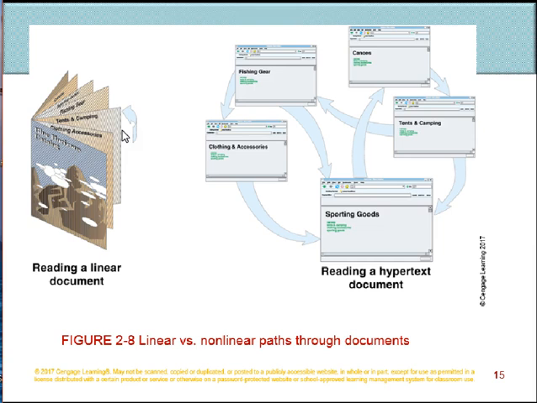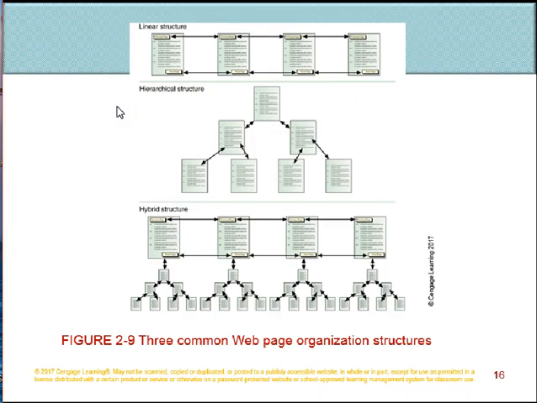You can read a document linearly, which means you're going from one page to the next page. But with a hypertext document, you can read it in a variety of different orders, depending on your interest and where you want to go next. So there's 3 common web page organizational structures.